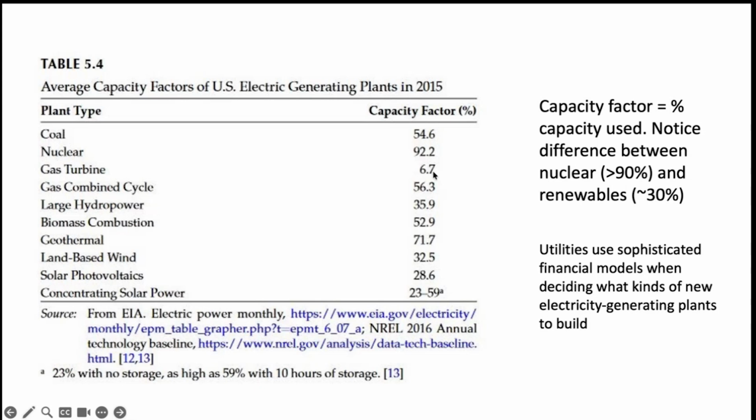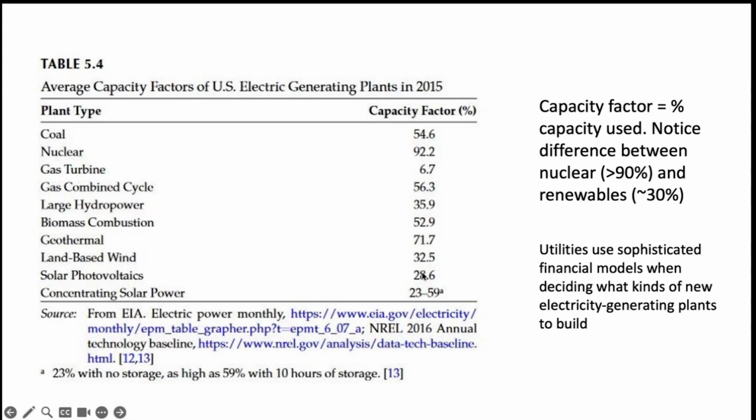The gas turbines, which are different than the gas combined cycle, are the more expensive ones. The combined cycle ones are more effective and cheaper in terms of operating, how much electricity they get. The big difference is that regular gas turbines are only used a very small amount of the time. Geothermal's always on. Biomass combustion, we're not going to talk about that. Large hydropower depends on how much water's behind the dam. Then land-based wind and solar photovoltaics, right?